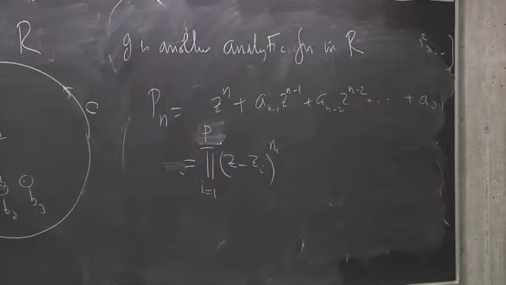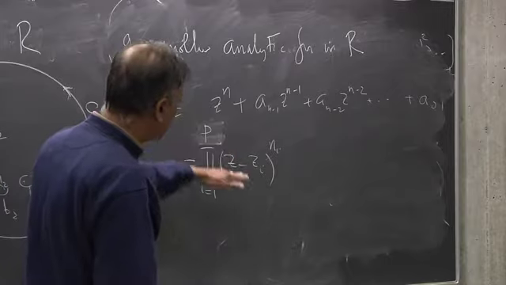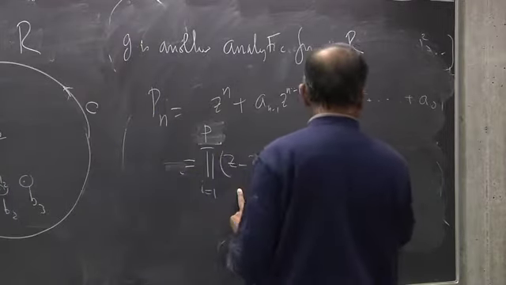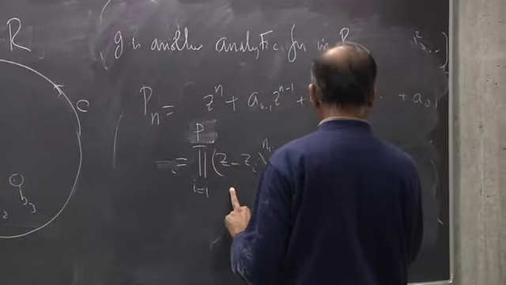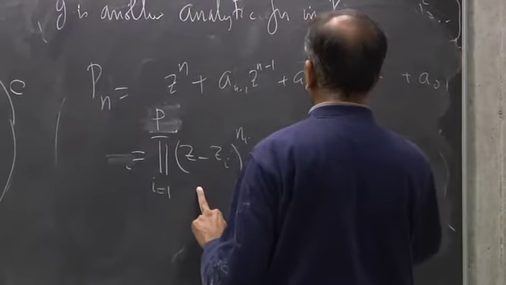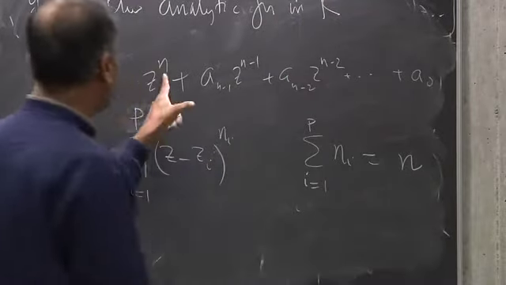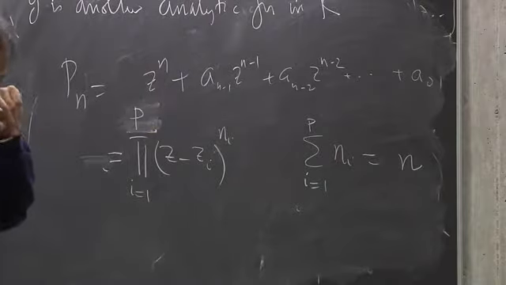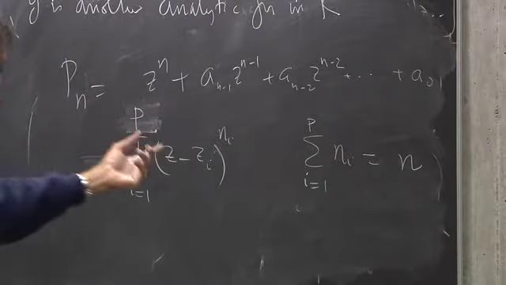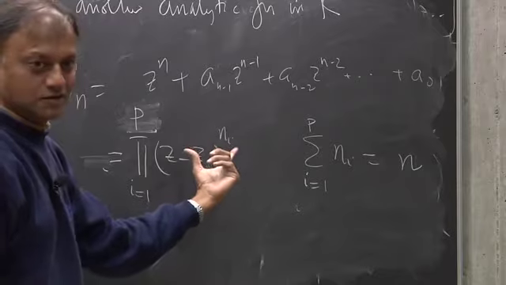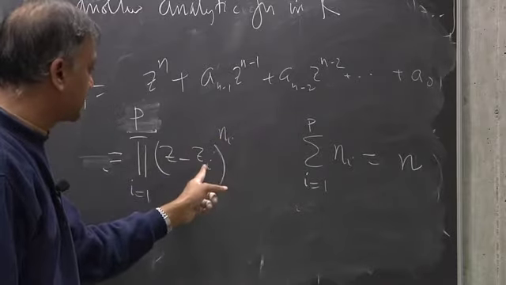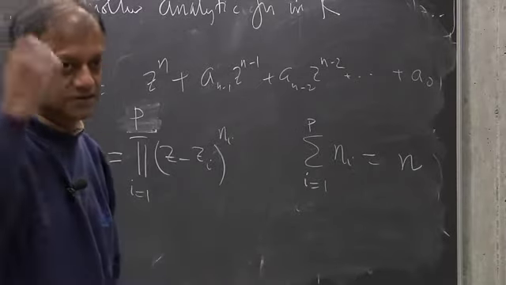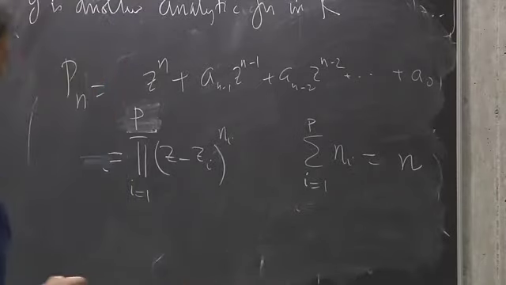I can always write it in this way, that is the theorem, okay, where the sum over ni, i going from 1 to p, is equal to small n, whatever the nth degree of the polynomial. So, that gives you basically all the roots, no? Of course, ni just tells you that zi appears n times, a degenerate root, but you are finding all the roots. So, this is a theorem.